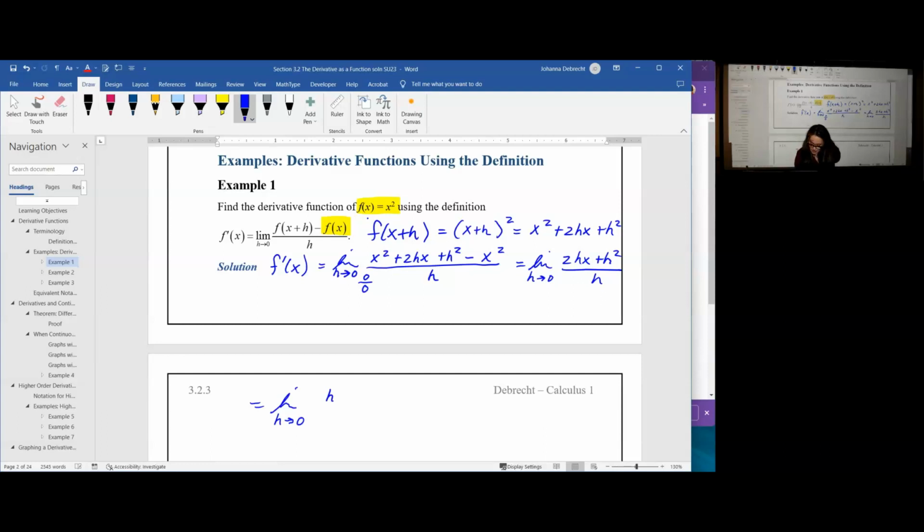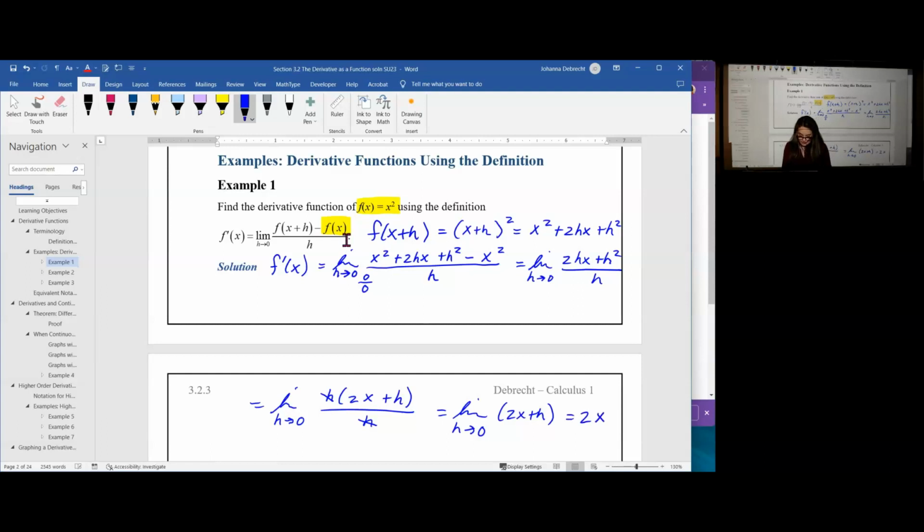So I factor out that variable, and that leaves behind 2x plus h in parentheses. The single h factors cancel, and I'm left with the limit of 2x plus h. Then I can substitute 0 in place of h, which gives me 2x.